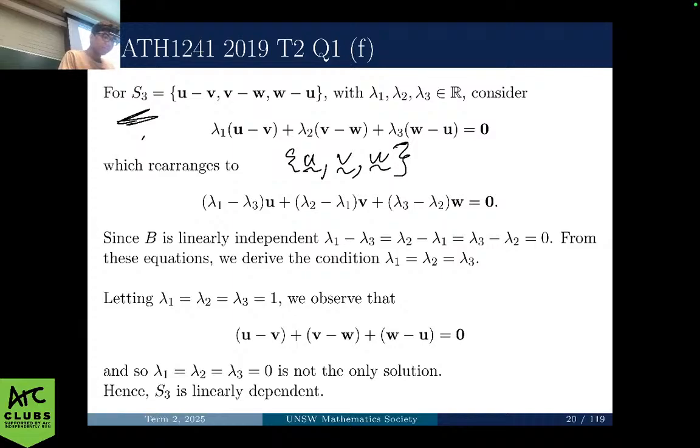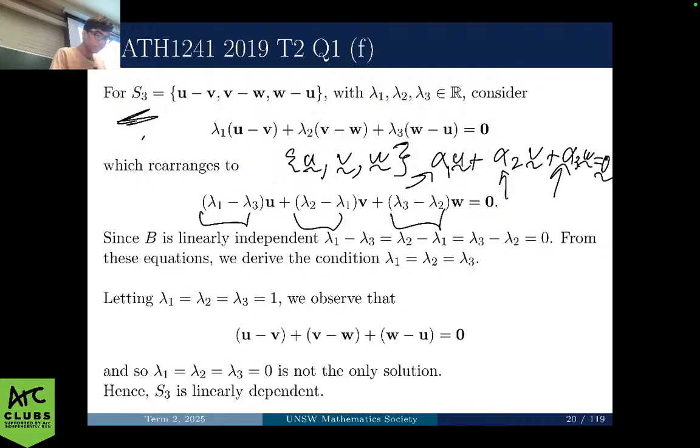So if I was to write this out with coefficients, I'll be saying alpha 1u plus alpha 2v plus alpha 3w equals 0. Only solution to this is when all of these equal 0. And so here, I will have this equals 0, this equals 0, this equals 0. And that's what they've written here.